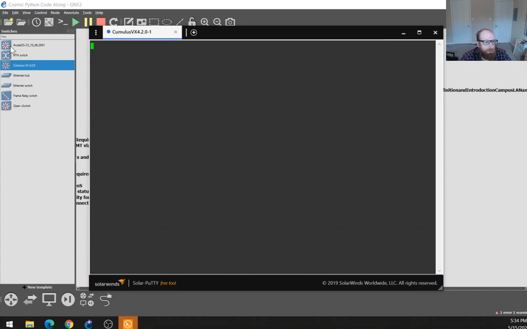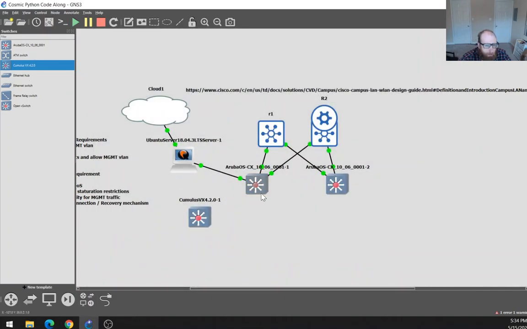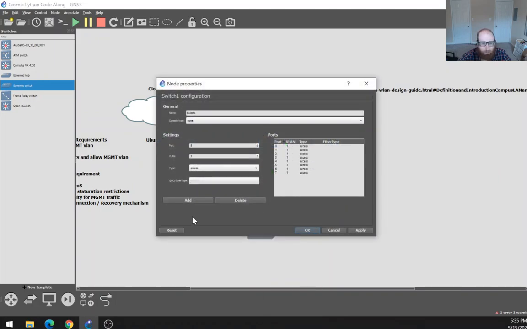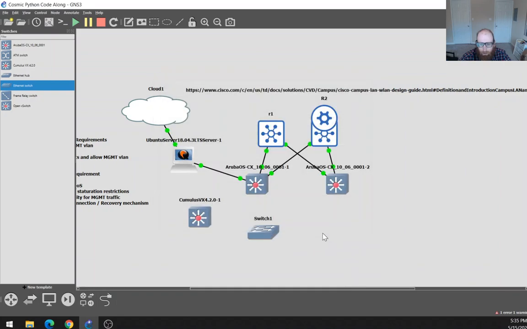You know what? I might want to just use the Aruba. Oh, I actually just don't even have that many switches on here. I mean, I could just use like the Ethernet switch. I don't have that many devices loaded in here currently.